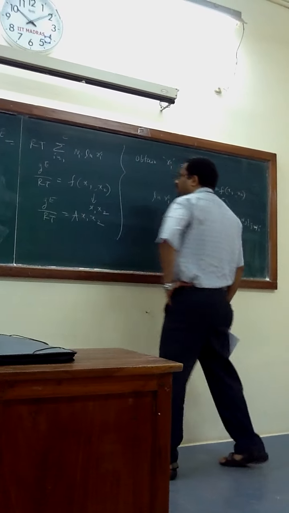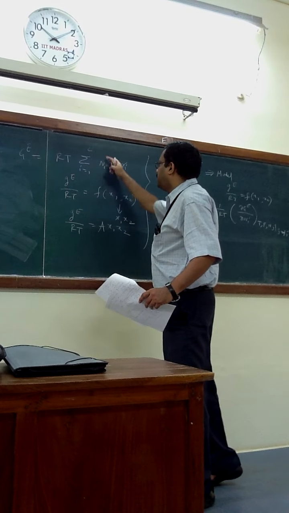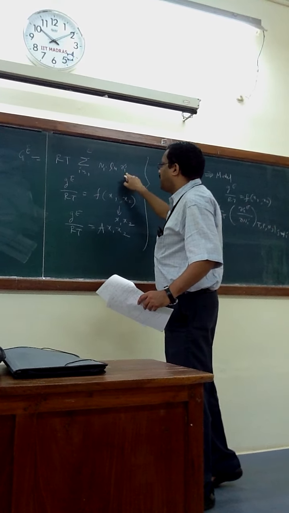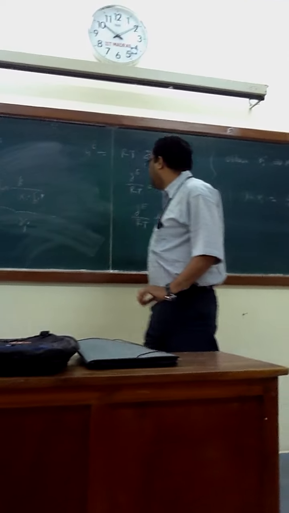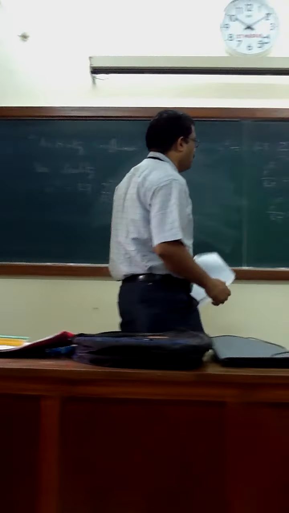Ni is the number of moles, and ln gamma i by RT is the partial molar property. So that entire thing is 1 by RT dou GE by dou Ni at constant T, P and Nj, j not equal to i.